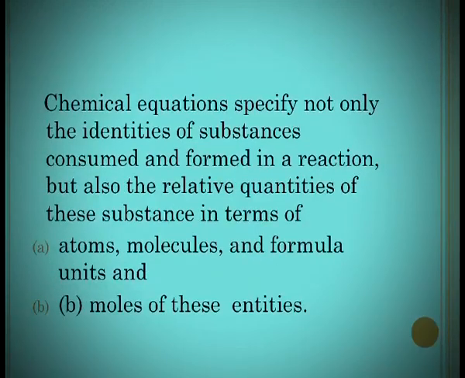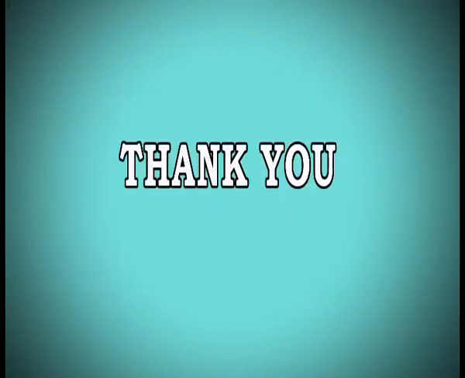Chemical equations specify not only the identities of substances consumed and formed in a reaction, but also the relative quantities of these substances in terms of atoms, molecules and formula units and moles of these entities. Thank you.